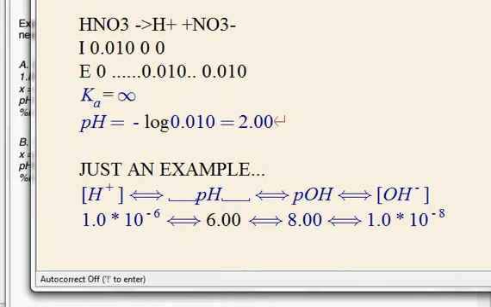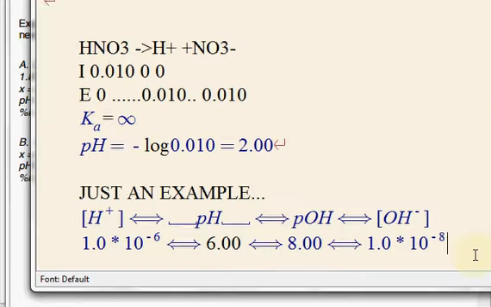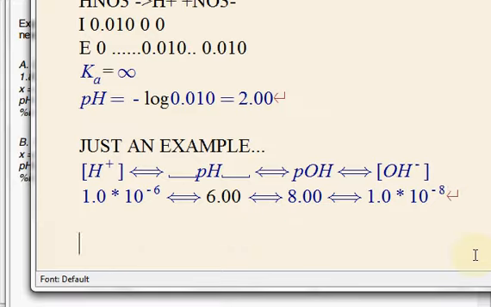But I think for the HNO3, pretty much obvious. Percent ionization is 100% for all strong acids, because you plug in the final and the initial, and I'll go ahead and show it.